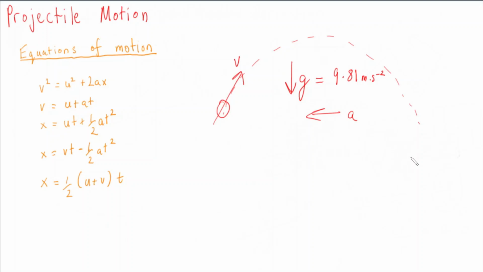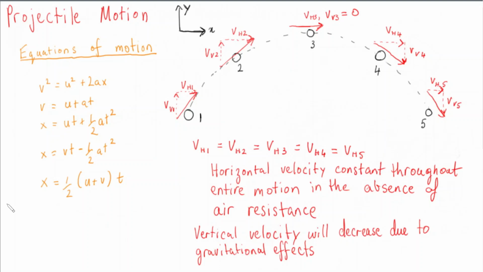So if I was to draw this with a bit more detail, it'd end up looking something like this, where the horizontal velocity would remain constant throughout the entirety of the motion because there would be no air resistance acting against it.